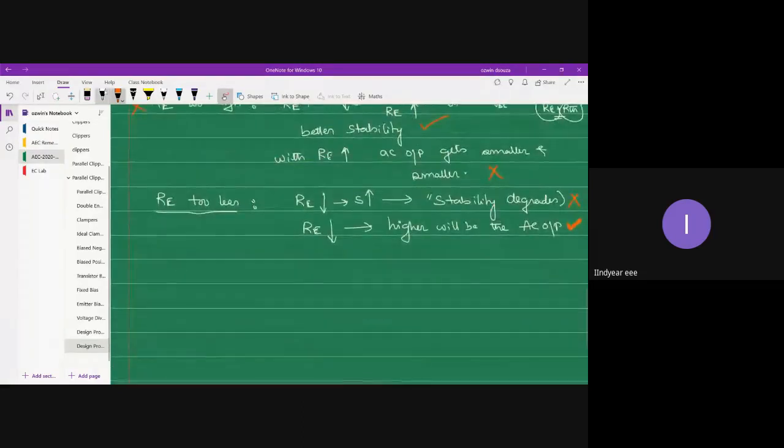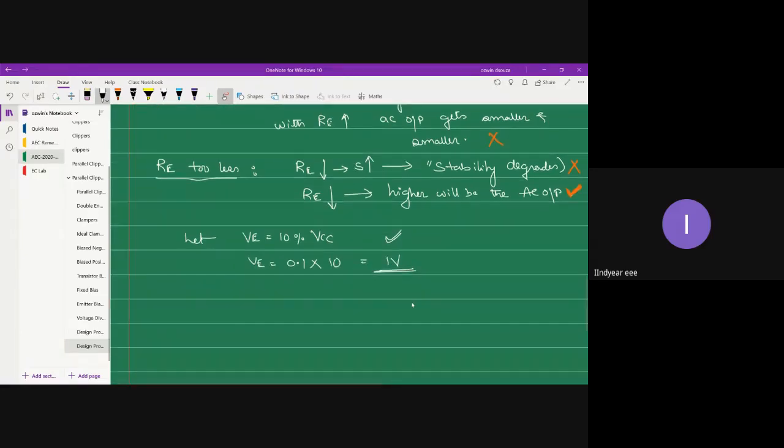Fine. So let me rewrite it. Let VE is equal to 10% of VCC. Please don't change this percentage. This is design rule. So VE is equal to 10%, which is 0.1 into VCC. VCC is given as 10 volts, so it is 1 volt. But what is VE?